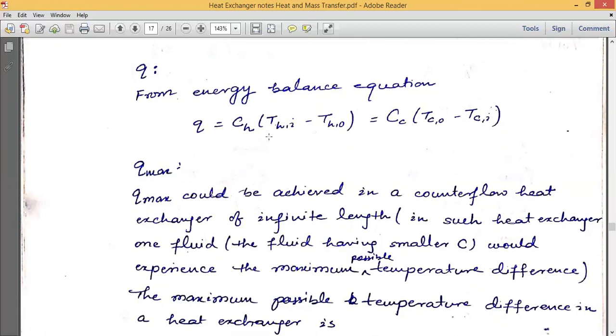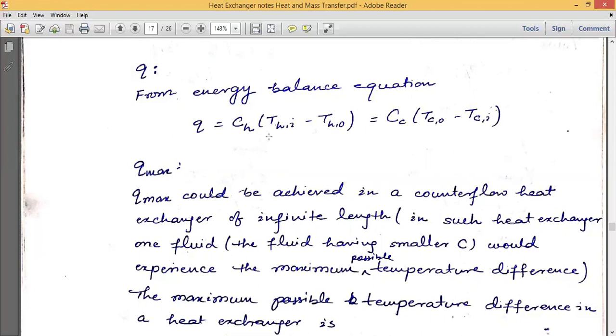The fluid which has the higher heat capacity rate would experience the smaller temperature difference.